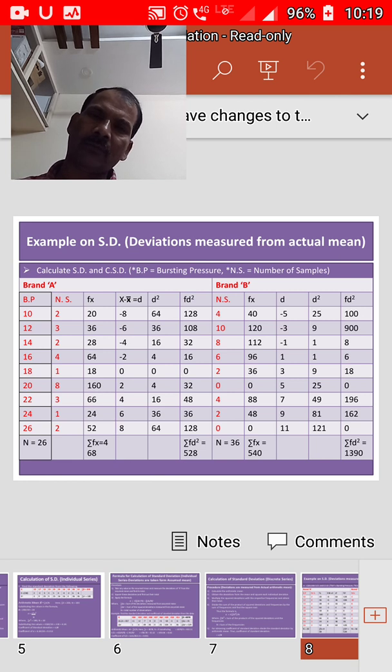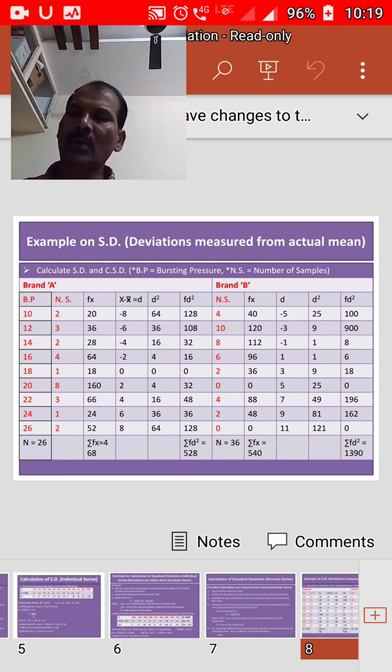This is the product of frequencies and the bursting pressure of brand A, which is called sigma fx. The sum of these fx values is sigma fx, which is equal to 468.